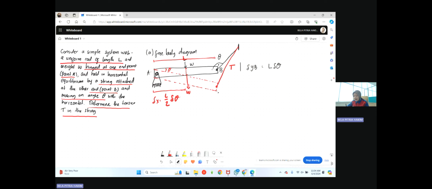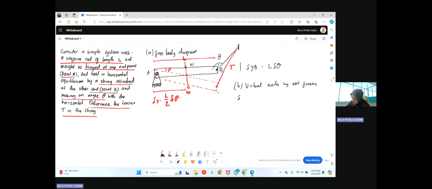Now, how to solve this kind of situation? First, we have to define the virtual work done by the external forces, the weight and the tension.